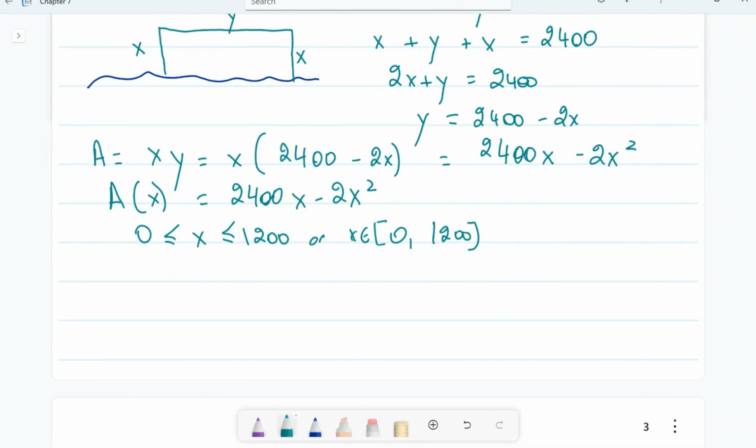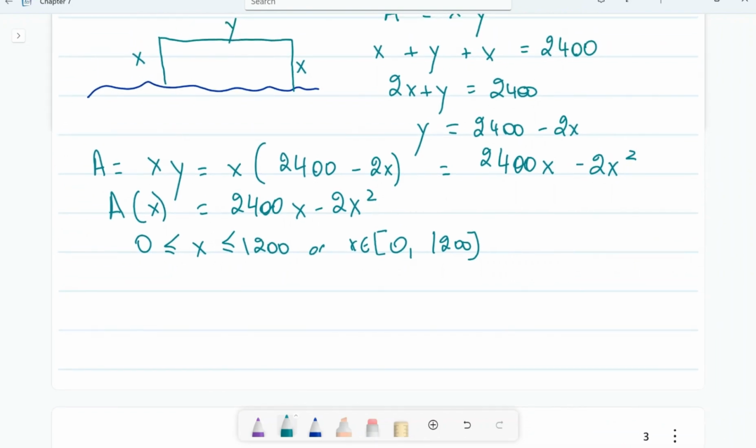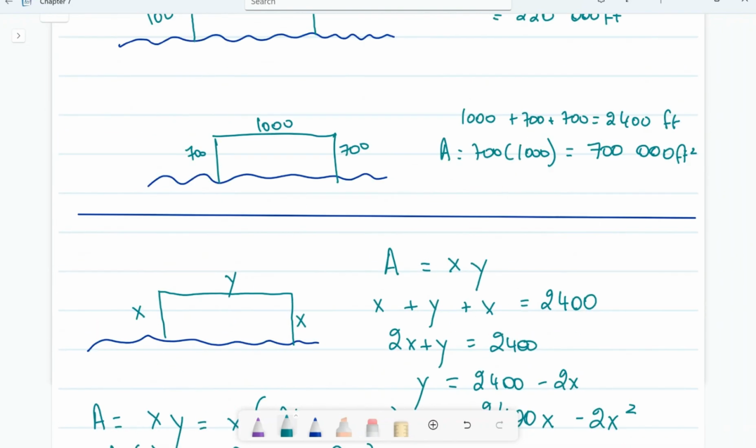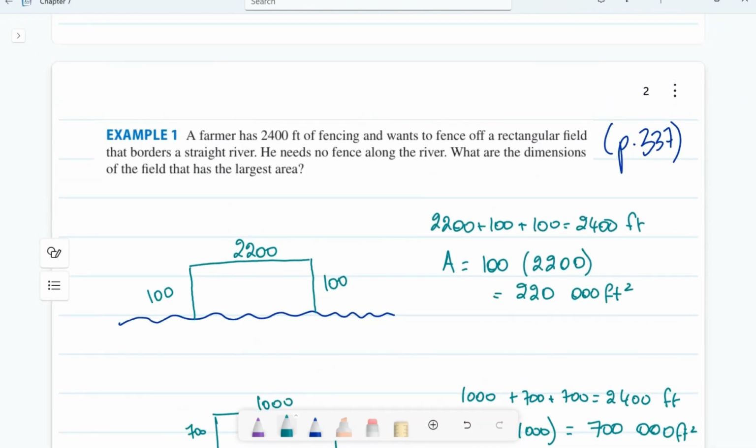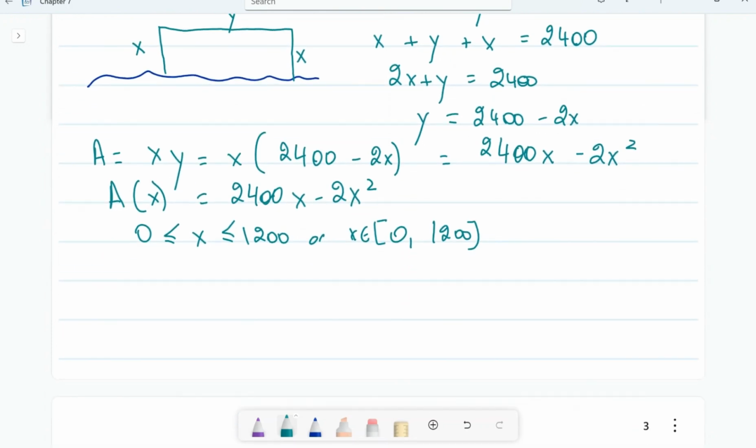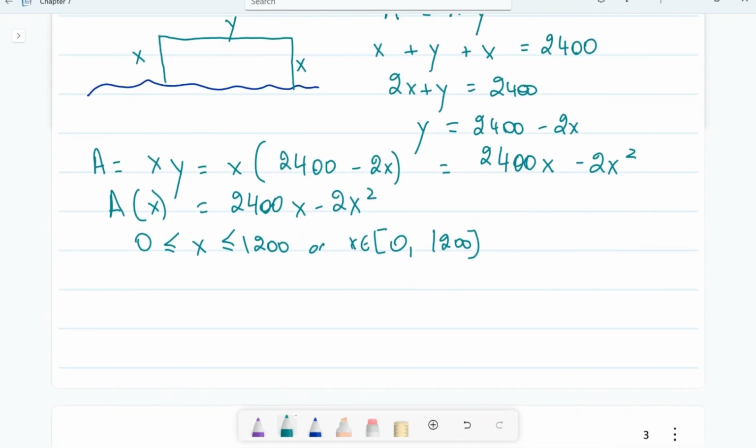So now that we know the domain, what did the question ask? The question wants to maximize the area. So again, in order to try to maximize something, we would first like to find the derivative. So let's find the derivative of A of x. This will give us 2400 minus 4x.